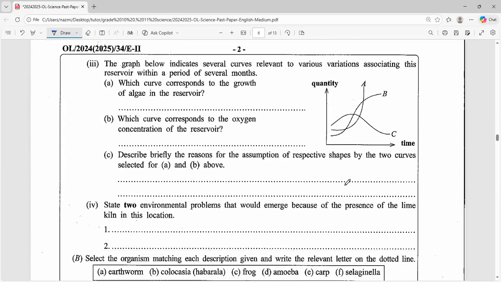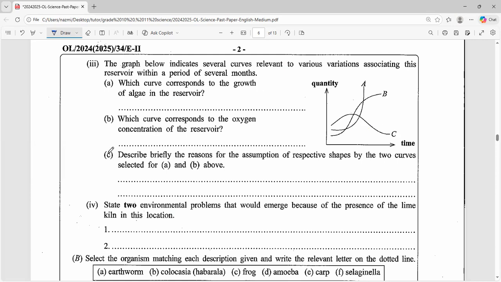The graph below indicates several curves relevant to various variations associated in this reservoir within a period of several months. Which curve corresponds to the growth of algae in the reservoir? So what happens in eutrophication? Growth of algae increasing. So which? A, no?